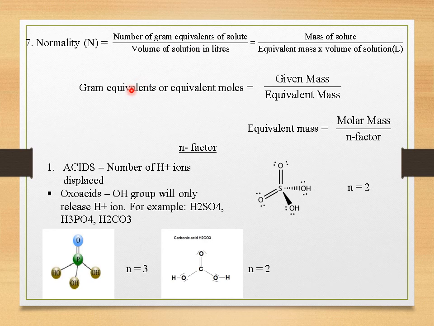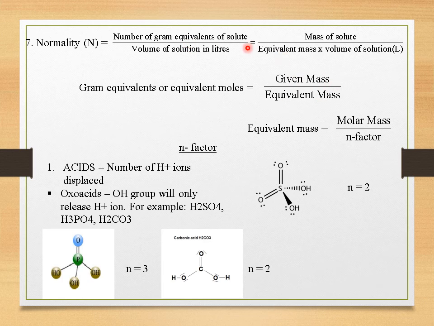Gram equivalents, or equivalent moles, is nothing but the given mass of the solute divided by the equivalent mass. So instead of using molar mass or molecular mass, we say equivalent mass. I will just tell you what equivalent mass is and what the difference is. But just remember that gram equivalents, which you see in the numerator, is nothing but the given mass divided by the equivalent mass.